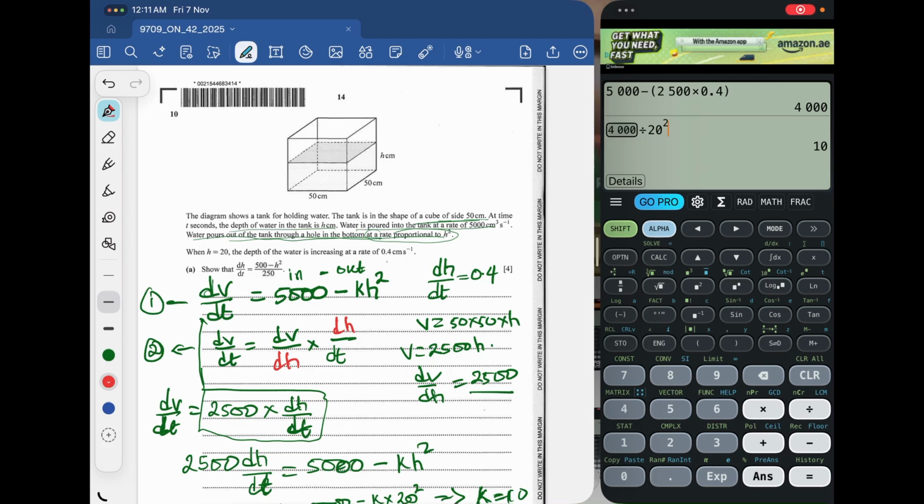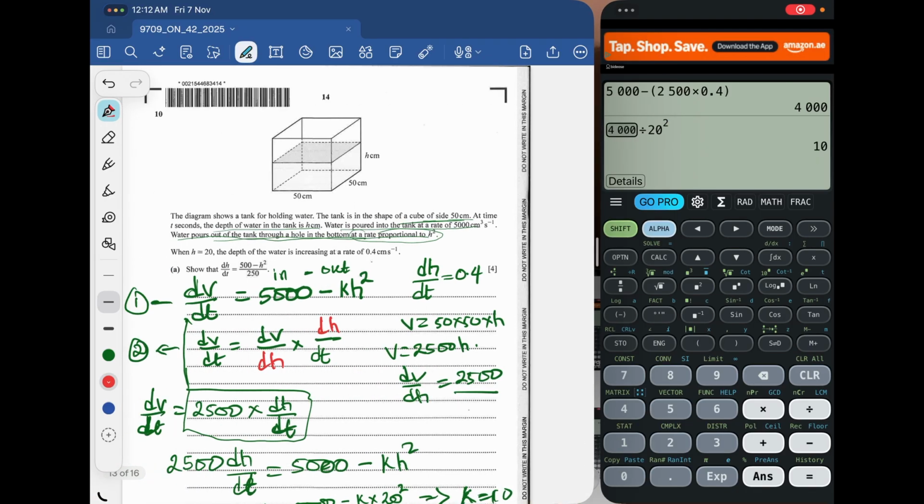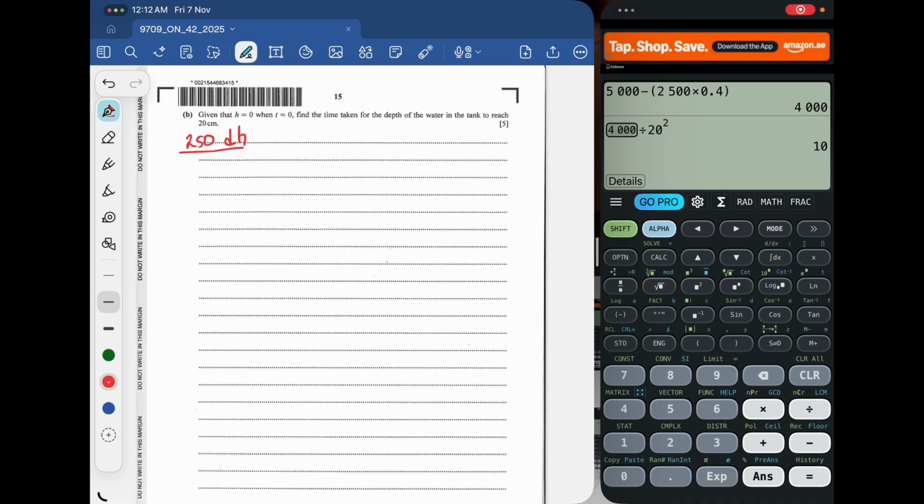So I just swap them: 250 goes up, dh times 250 over 500 minus h squared equals dt. So I'm integrating.